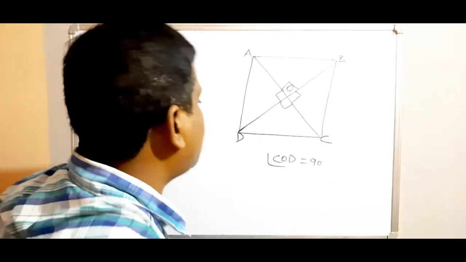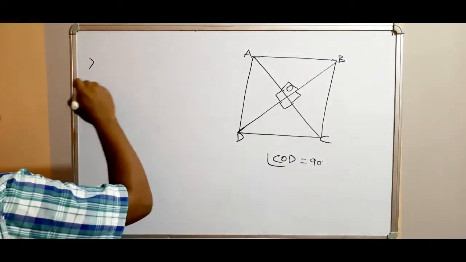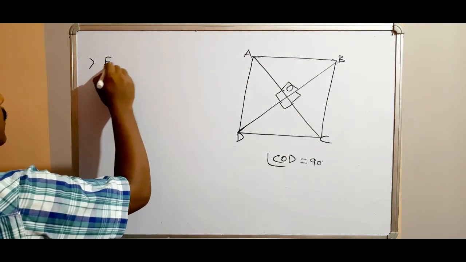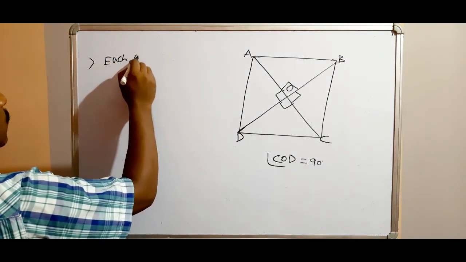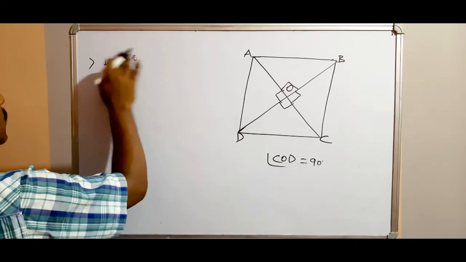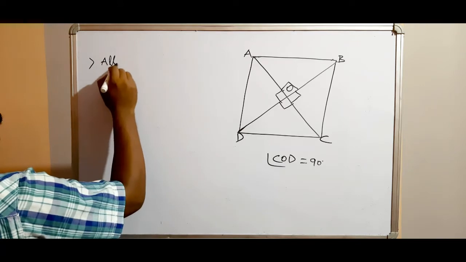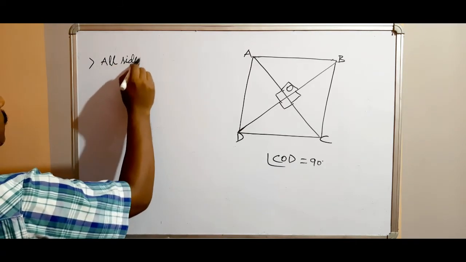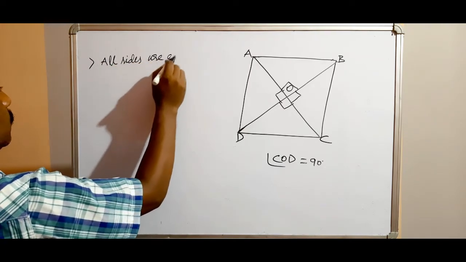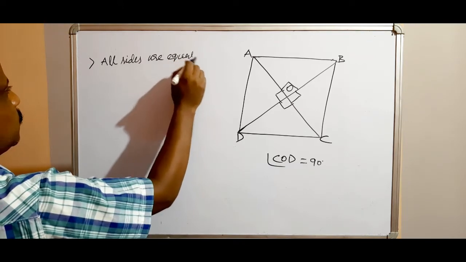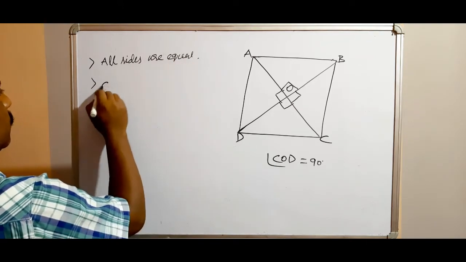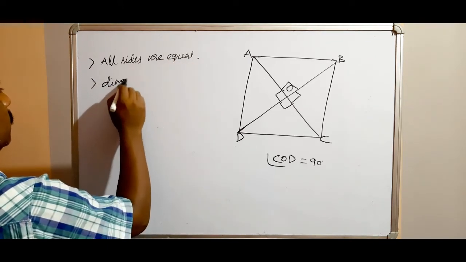So the property you write: in a rhombus, all sides are equal. Then diagonals intersect each other at 90 degrees.